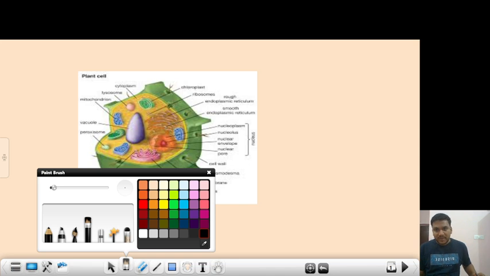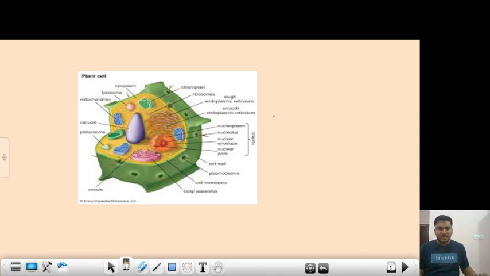First of all, the main important thing in the plant cell is the presence of the cell wall. The cell wall is the part which is only present in the case of a plant cell and not present in the case of the animal cell.